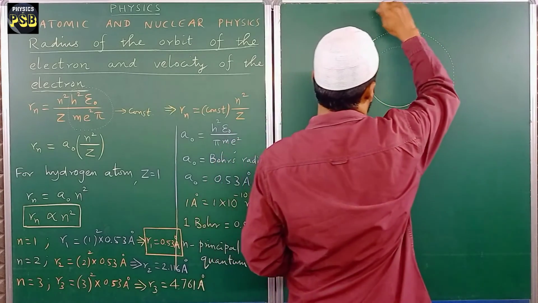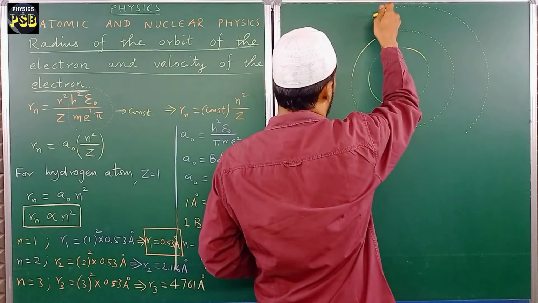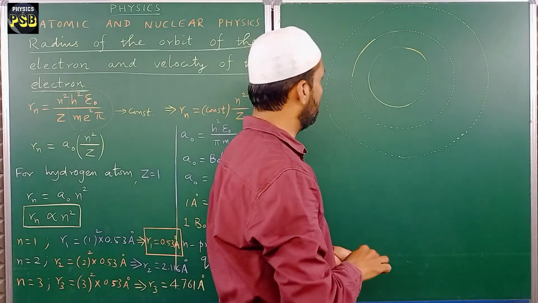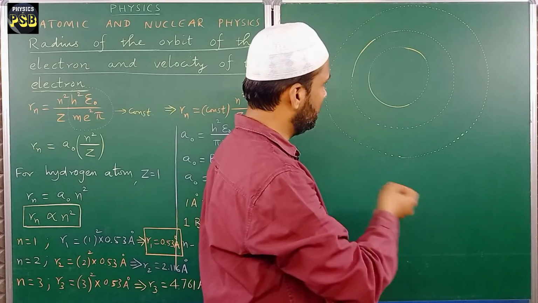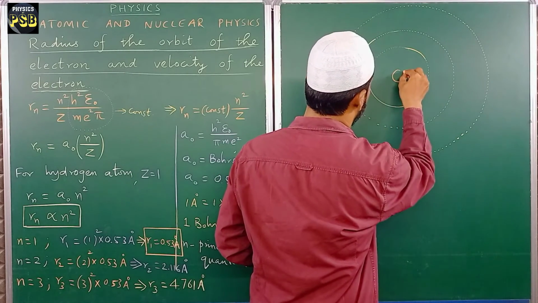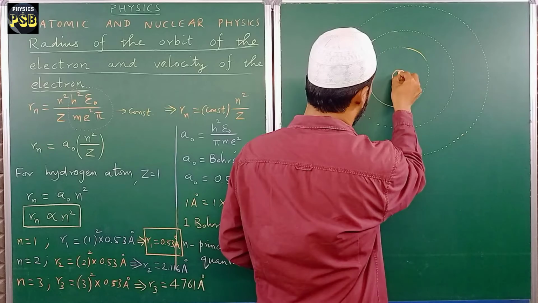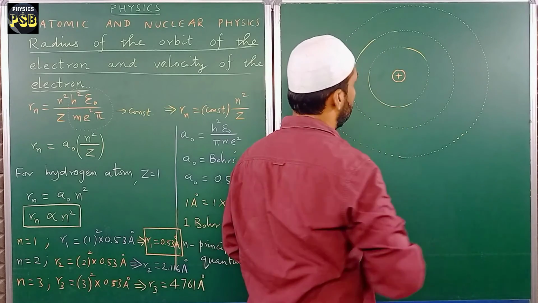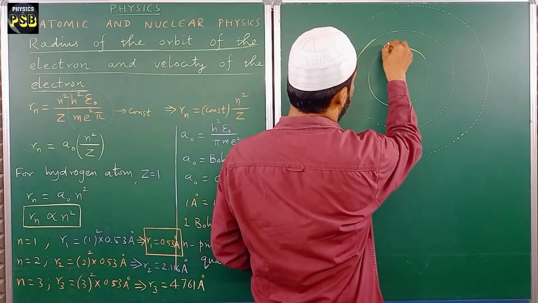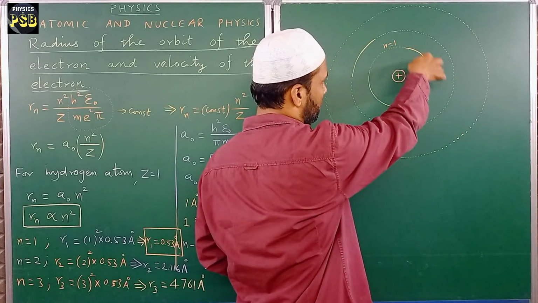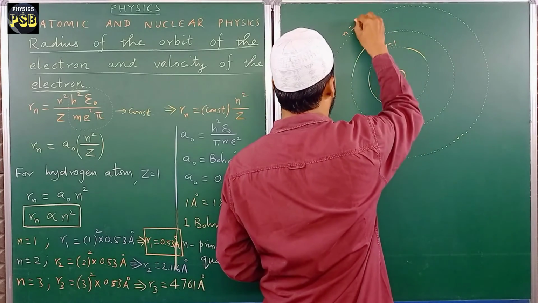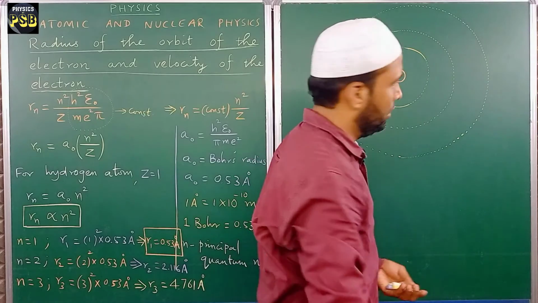This is one more orbit. Okay, these are all the orbits in which electrons exist. And at the center, I have a nucleus which possesses a positive charge. So this is the first one. This value is 1. Principal quantum number is 1. This is first orbit. This is the second orbit. This is the third orbit, and so on.